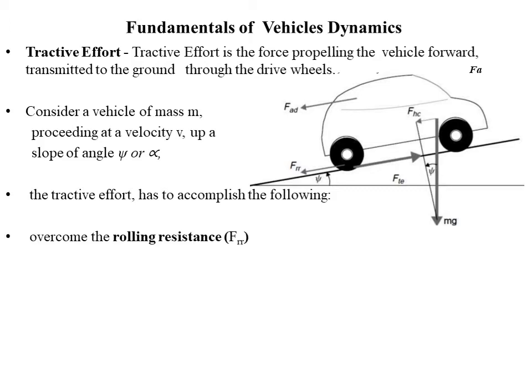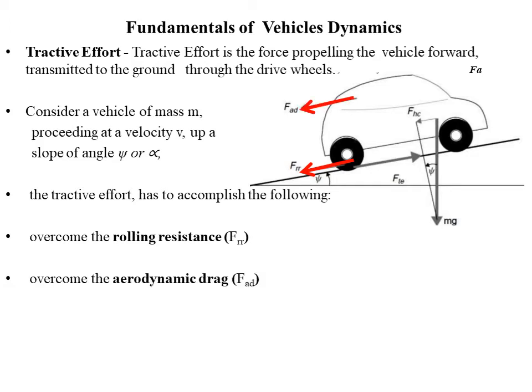So the first resistive force is the rolling resistance, which is the resistance acting between the tire and the road, due to the rolling of the tire on a surface. This is a type of frictional force which opposes the forward motion of the vehicle, and it is represented by the term FRR, that is, force due to rolling resistance.